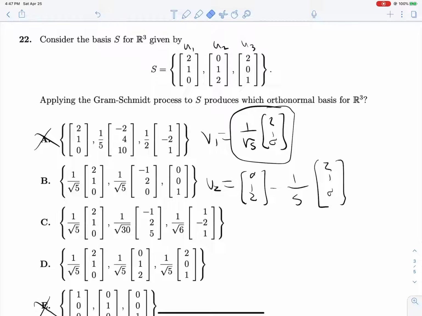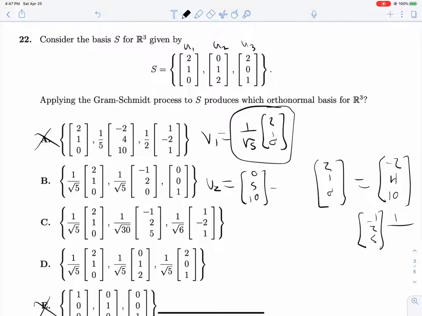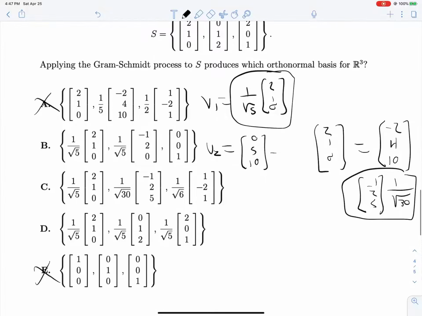We get minus there, and 0, 5, 10. That gives us negative 2, 4, 10, which we can simplify down to negative 1, 2, 5, and multiply by 1 over root 30, and there is our v2.